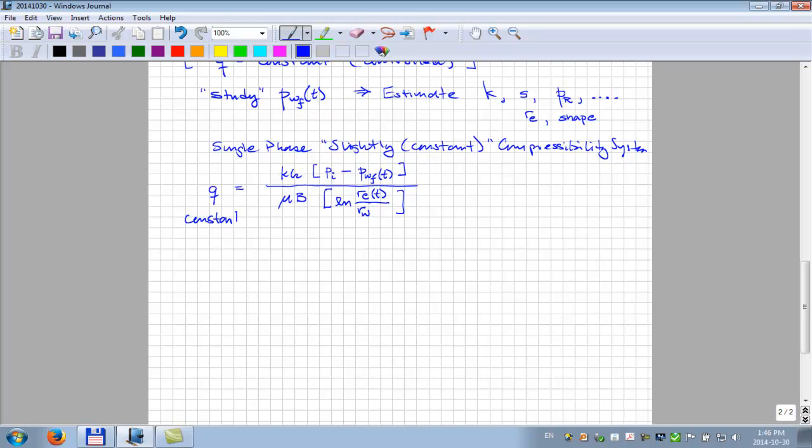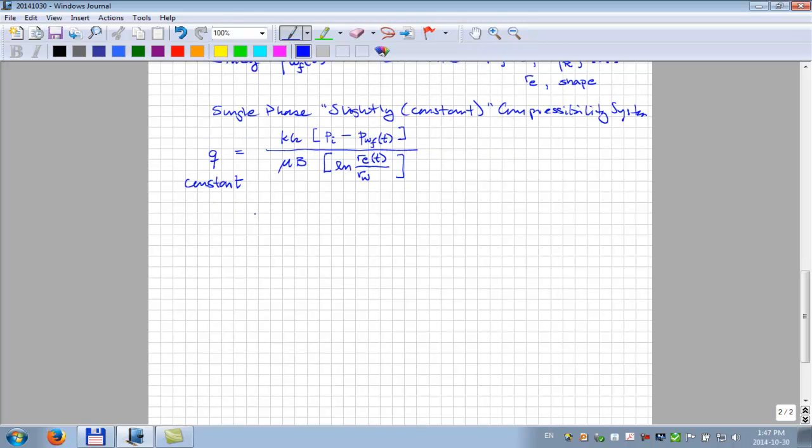We talked about this method of pressure transient analysis, PTA, being such that we set this as constant. And what's going to change? KH is constant, mu B, PI is constant, RW is constant. But the bottom flowing pressure, we know, will drop with time, PWF, from the initial pressure, and it'll look something like this.